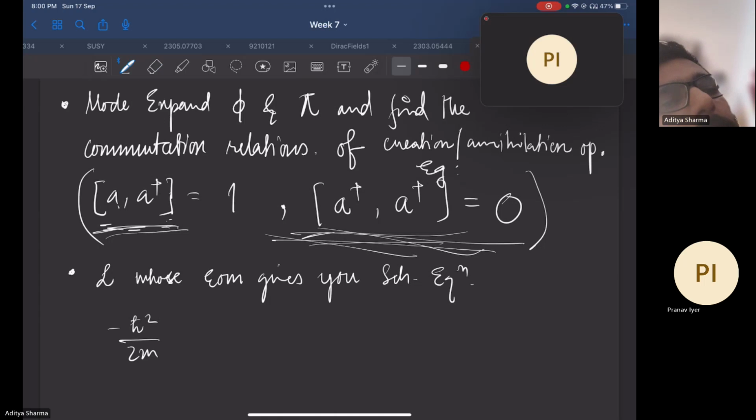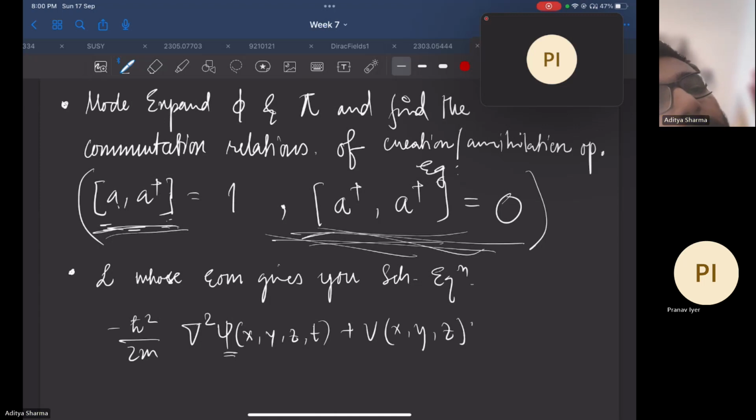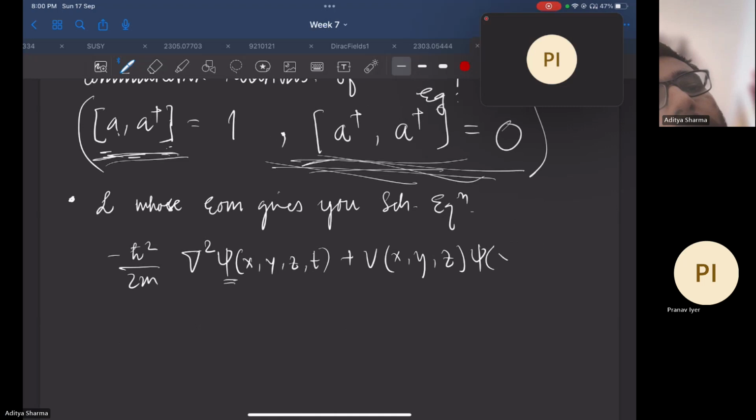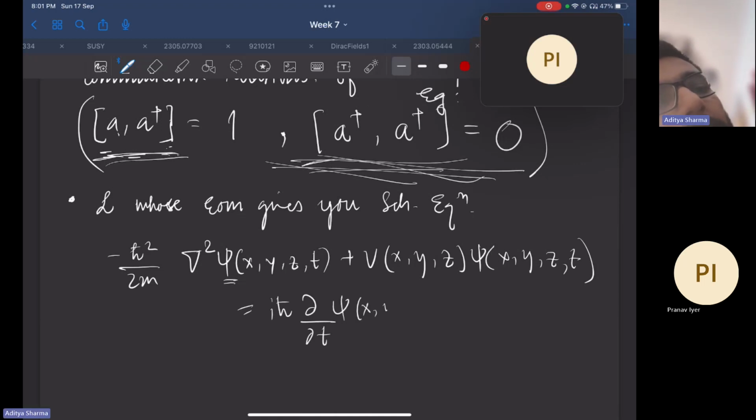This psi is a function of x, y, z and t, plus V psi x, y, z, t is equal to i h cut del t psi x, y, z, t. So there is some Lagrangian whose equation of motion will give you this equation. There is.